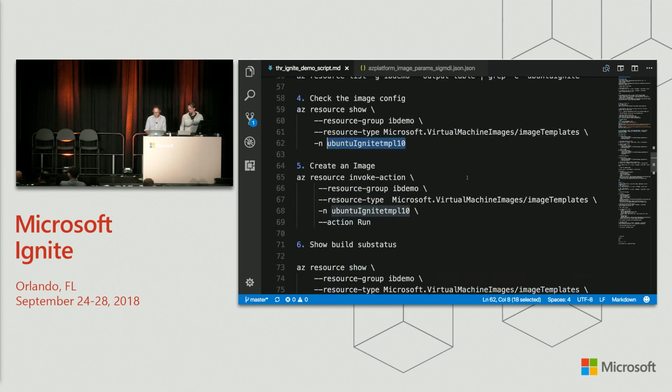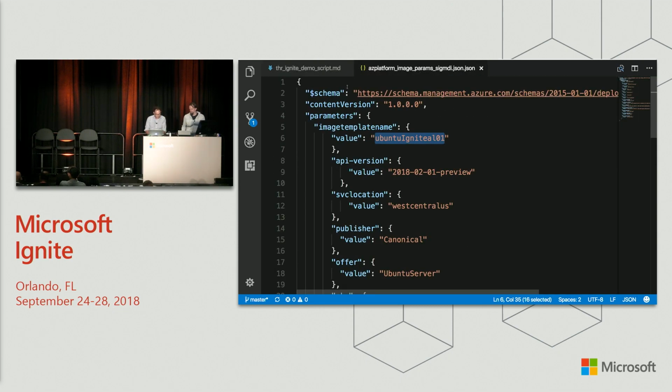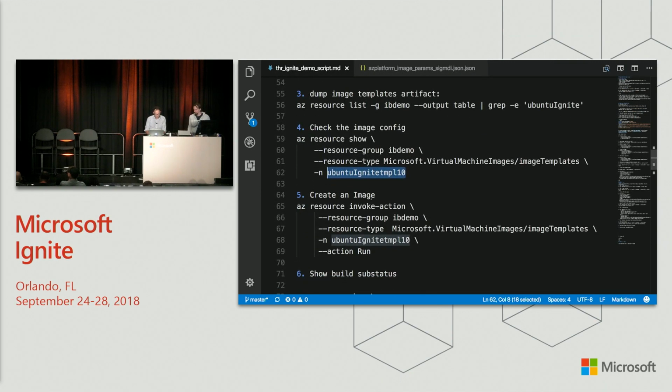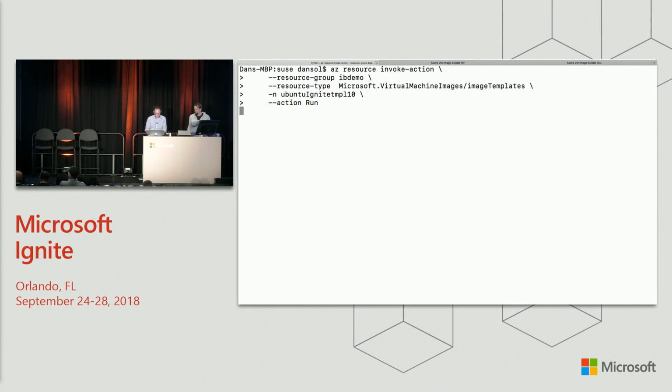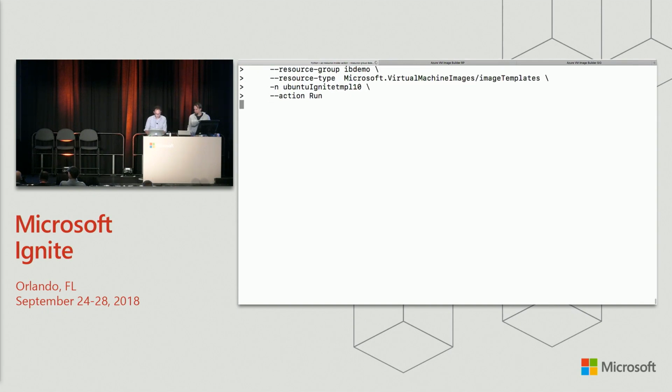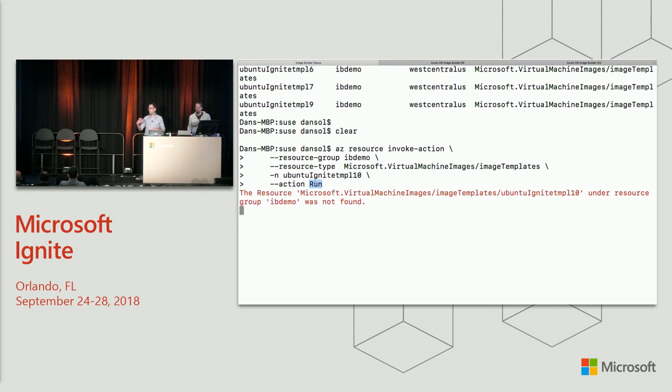So now, if I want to create that image, I run this, and what this is going to do is reference the image template artifact, and I'm posting a run action on it. So the image builder service will say, right, I'm going to use this template, and now I'm going to invoke the image creation pipeline. So let's clear that.